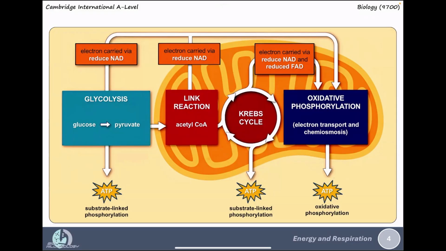Instead of substrate-link phosphorylation, ATP is produced through oxidative phosphorylation. This diagram summarizes the entire aerobic respiration. Do not worry at this moment, as this is quite new context for you. We are going to learn glycolysis, link reactions, Krebs cycle, and oxidative phosphorylation in detail in the next lesson.